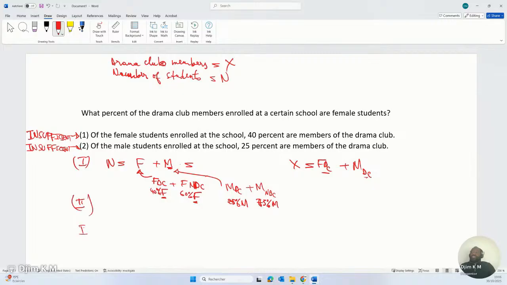So if we combine, X is female enrolled to the drama club plus male enrolled to the drama club. We know that this is 40% of the number of female students enrolled, plus 25% of the male students enrolled in the school.